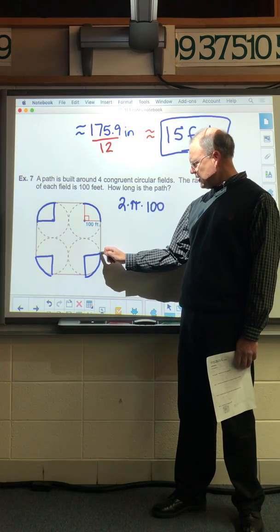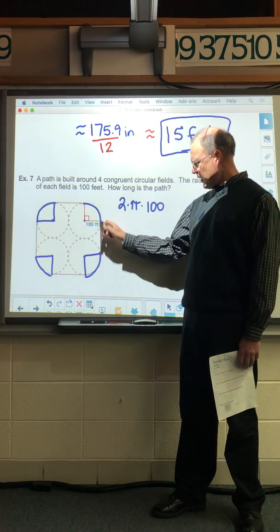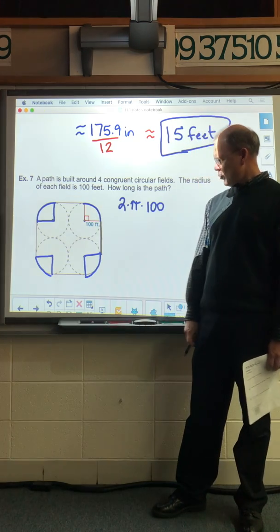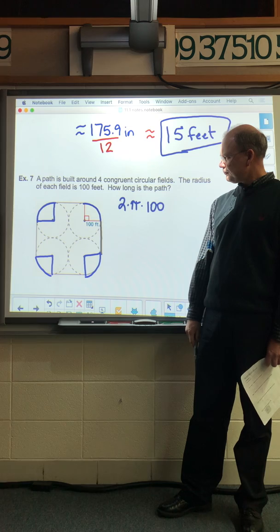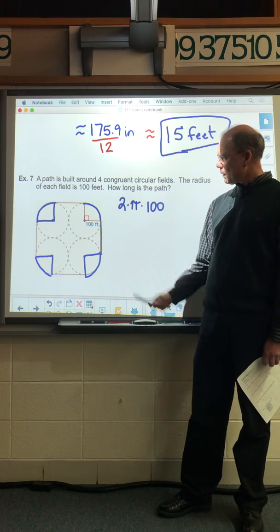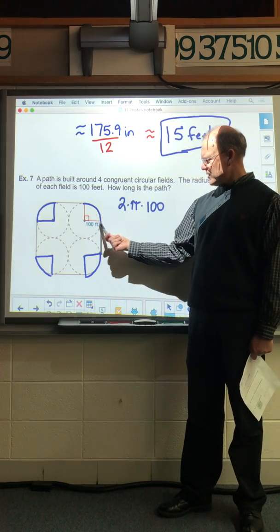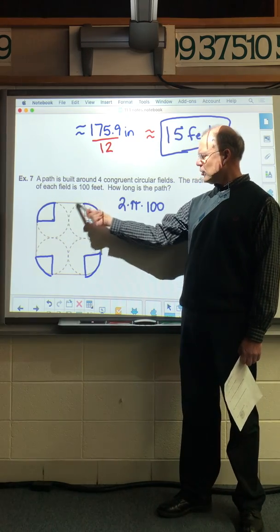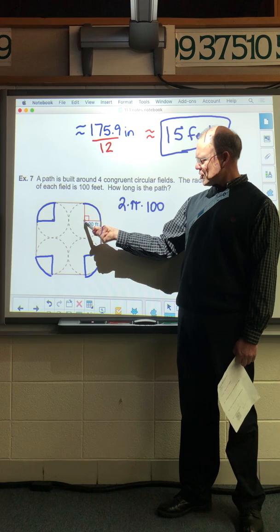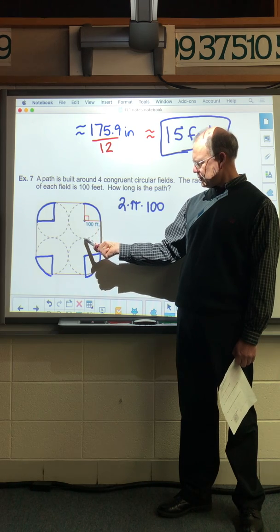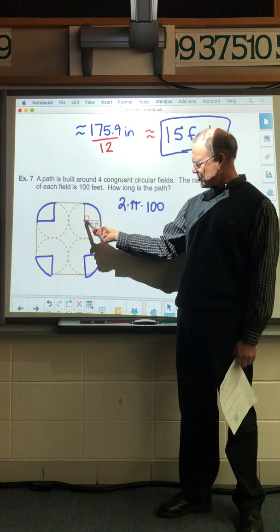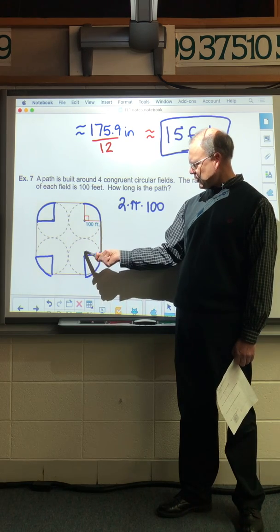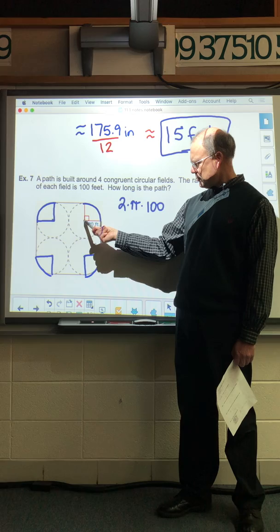Okay, then I also need to figure out how far it is on the straight parts in between the corners. So the radius is 100, so that applies all the way around the circle. So from the circle down to here, to that edge right there, that's also 100. And then this circle from the center up to the edge is also 100.